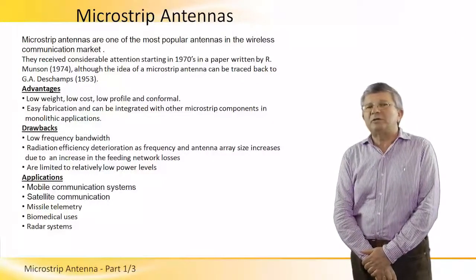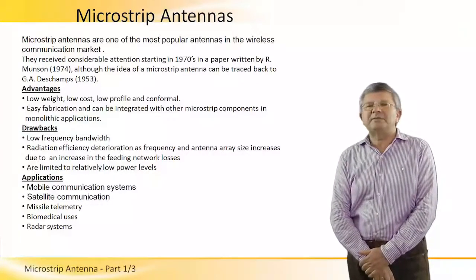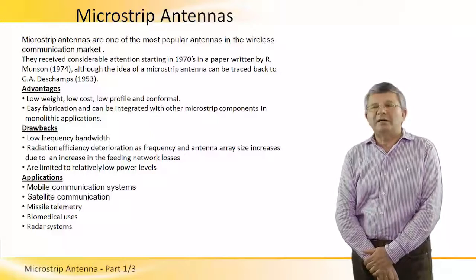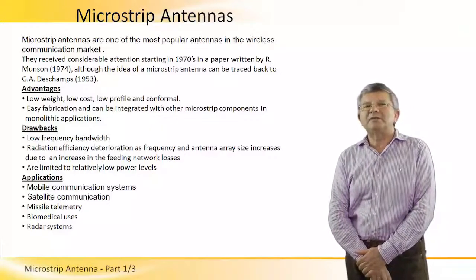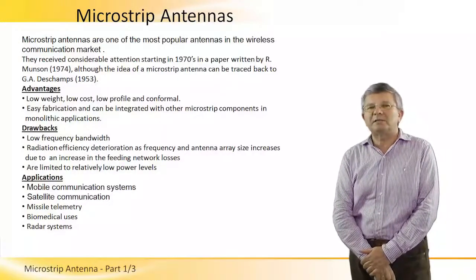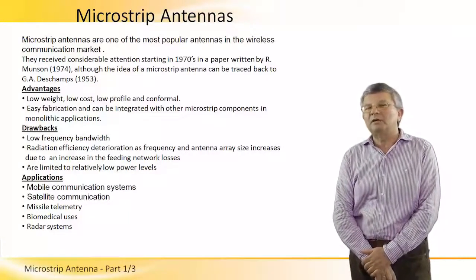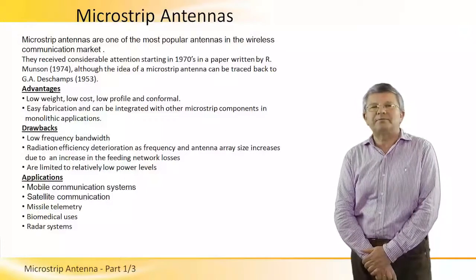These drawbacks actually have been minimized in recent years, and we can obtain, as we'll see later on in the presentation, even microstrip antennas which can cover even 70 to 80%. When I'm talking here about low frequency bandwidth, we are talking about 4 to 5% bandwidth.